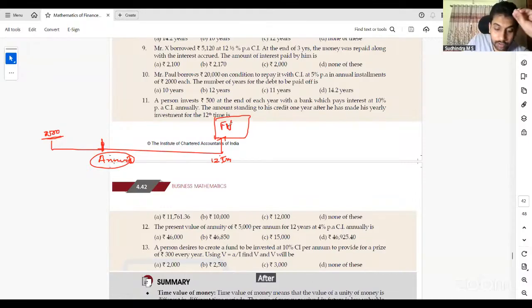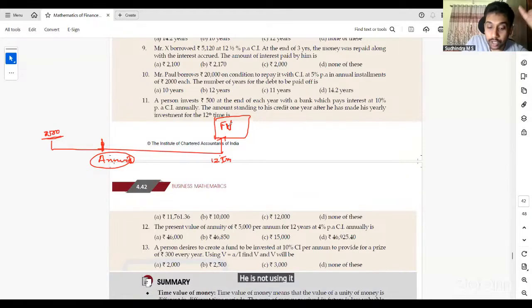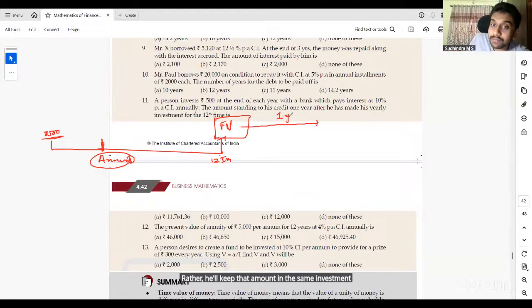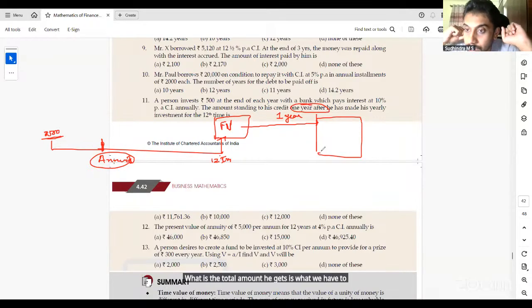After getting this future value, this is not the final value of the investment, because he is not using it after 12 installments. Rather, he'll keep that amount in the same investment for 1 more year. And after 1 year, what is the total amount he gets is what we have to calculate.